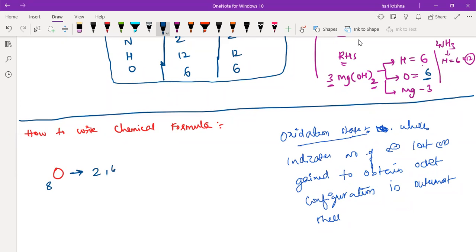Now, how many electrons are there in the outermost shell? 6 electrons. This is the outermost shell.